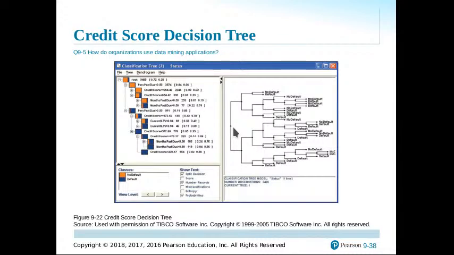In this tree, we are simply basing it on some information about the customer. In order to compute the credit score for a customer, we can use a decision tree. We base it on many different factors, right? If the customer is good at this, bad at that, or excellent at those, how can we make the decision?